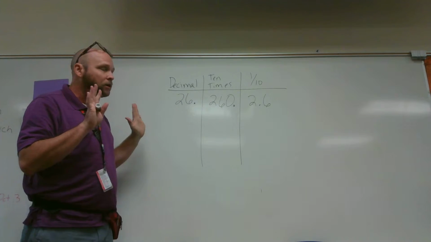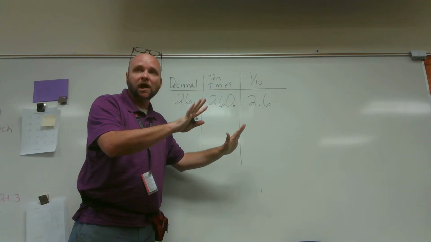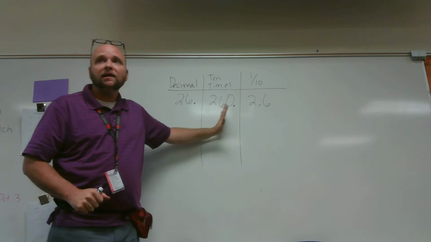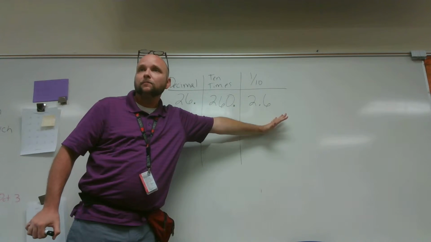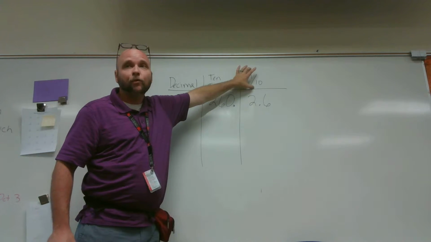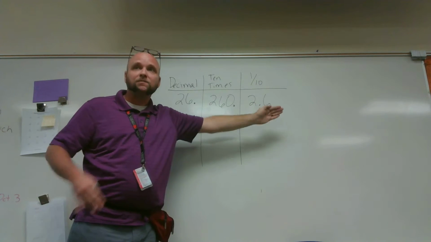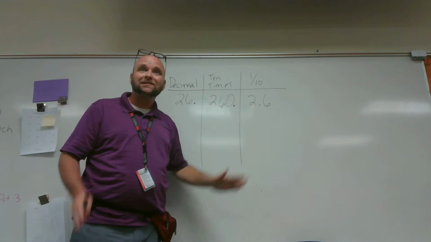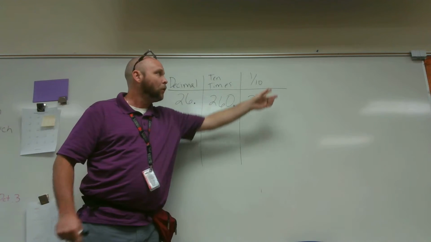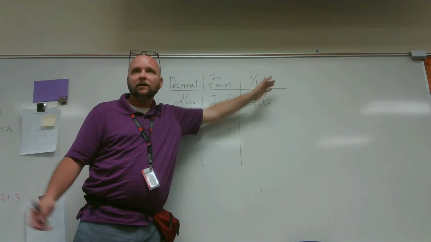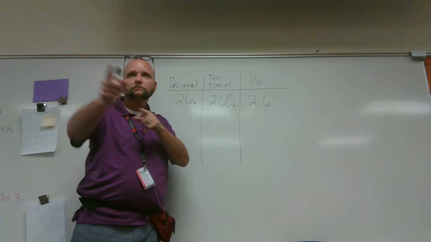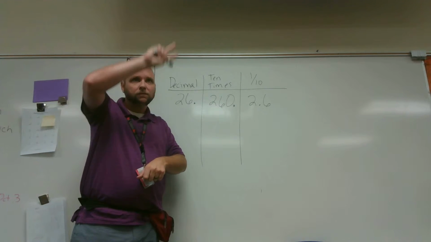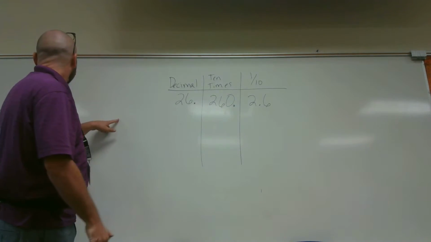To make it bigger, you move your decimal point to the right. You're multiplying by 10 or you're dividing by 10. We have a proper fraction, which means it's making our number get smaller because it's less than 1. If I multiply by something less than 1, my answer gets smaller. All right, let's look at another one.